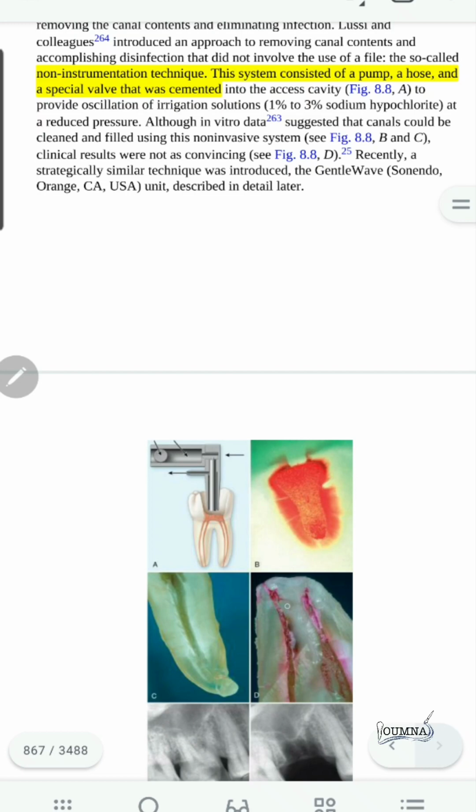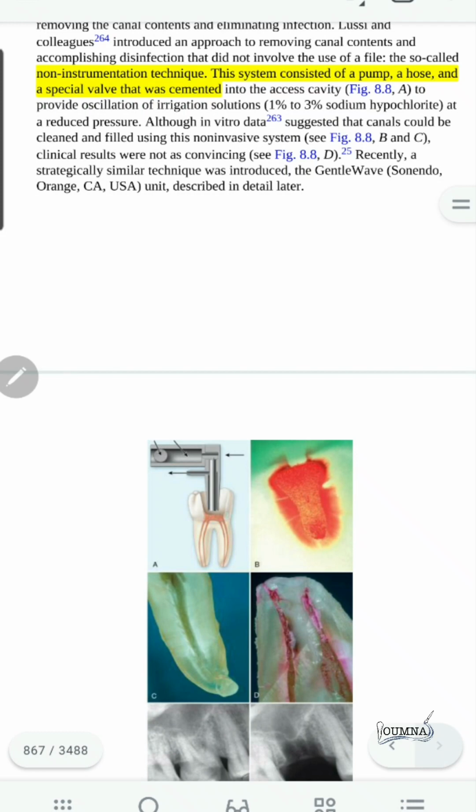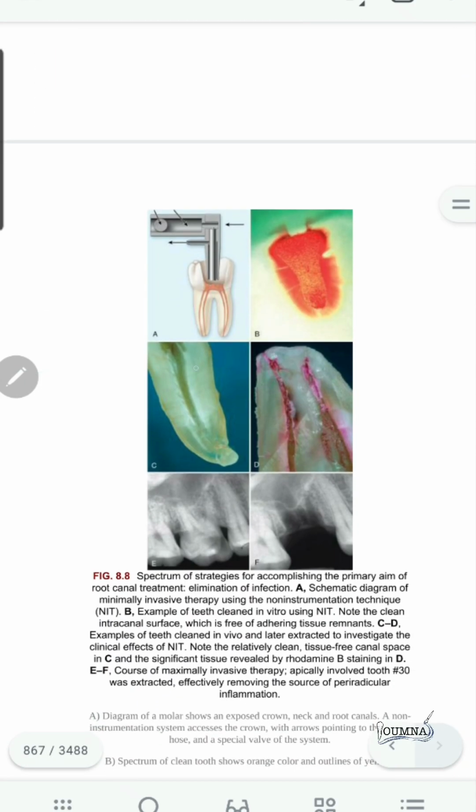So it is a process that disinfects the canal without the need for any instrumentation. They tried it in vitro, which means on extracted teeth, and it showed good results, but when it was tried clinically, the results were not as good.